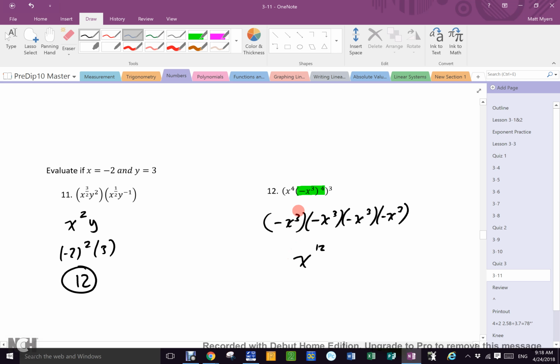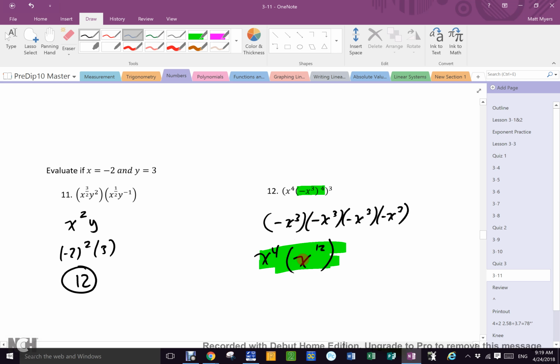So there, the green is that. Then I add x to the 4th. What is that?